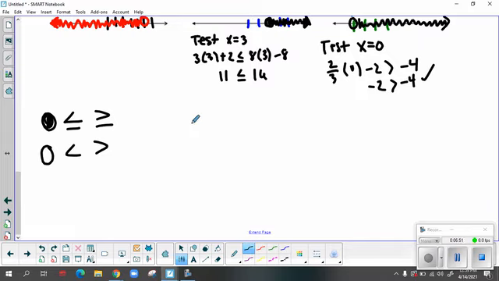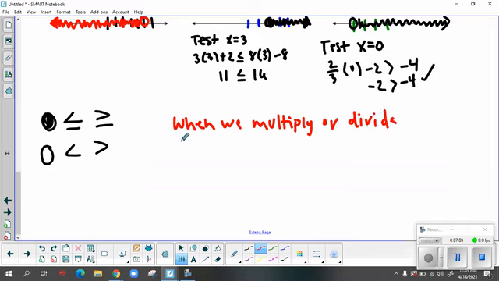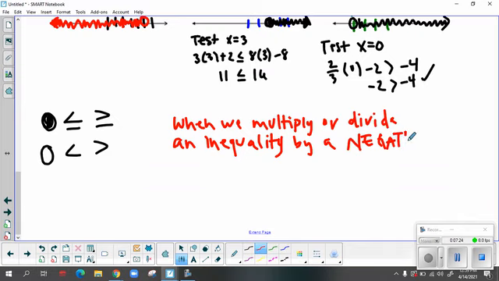And then the last kind of reminder rule is that when we multiply or divide an inequality by a negative, we flip the symbol.